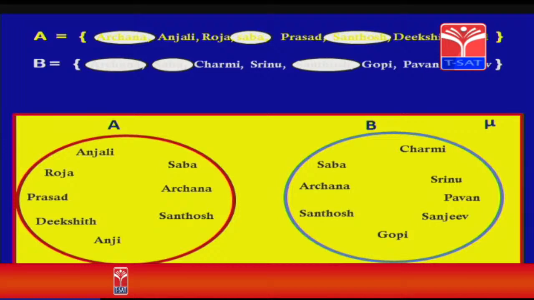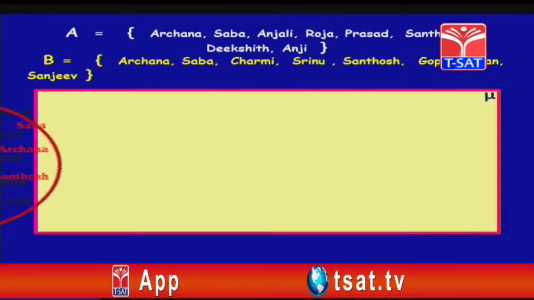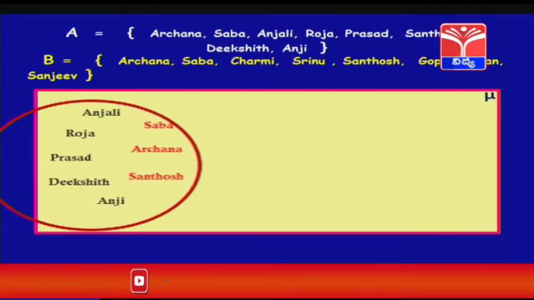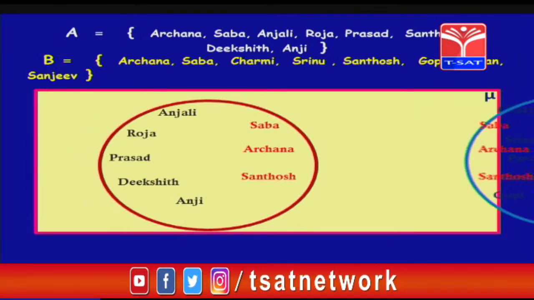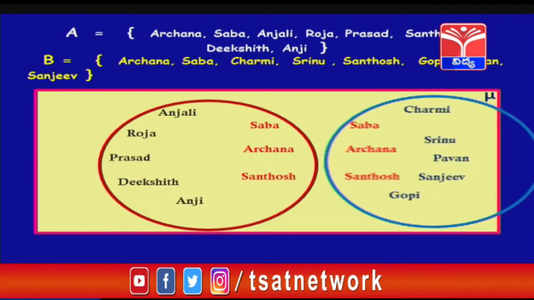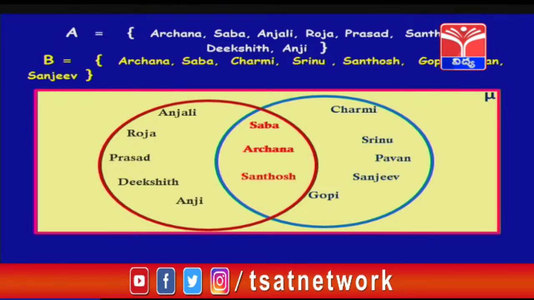Can we list out the common elements? Yes, why not? Let us see. When you combine both sets, they overlap. The overlapping region holds the common elements of both sets: Sabha, Archana and Santosh.